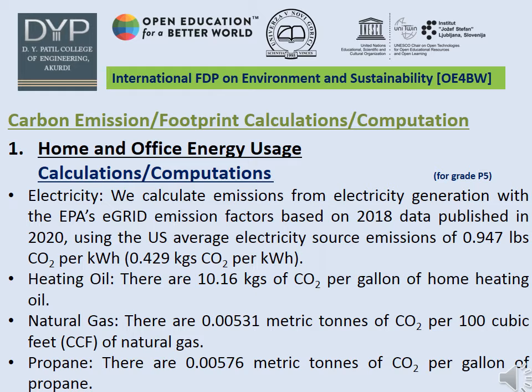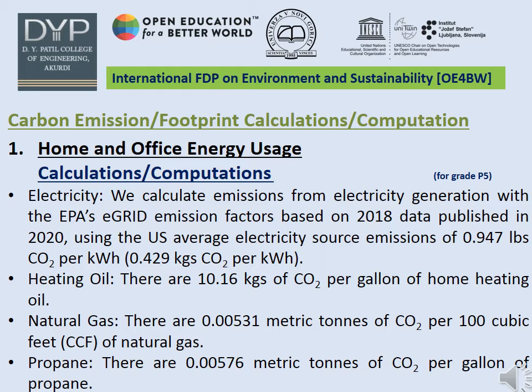Calculation and computation. Electricity: we calculate emission from electricity generation with the EPA's eGRID emission factor, based on 2018 data published in 2020, using the US average electricity source emission of 0.947 pounds CO2 per kilowatt hour, which means 0.429 kilograms CO2 per kilowatt hour.